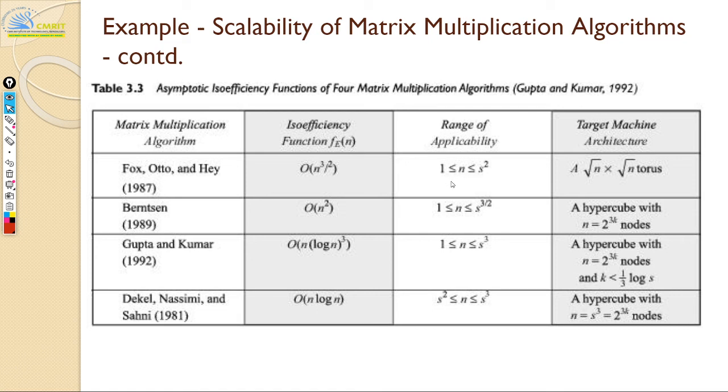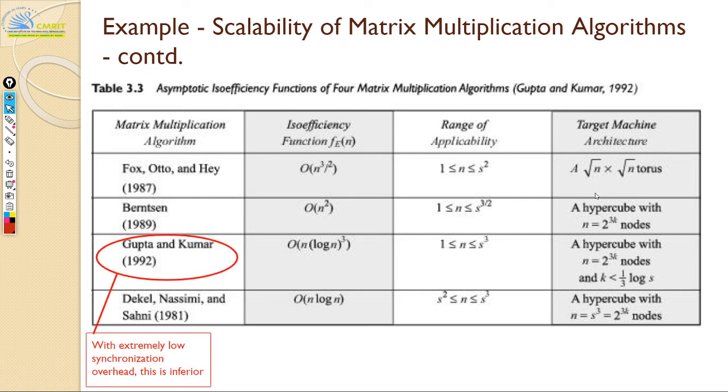This algorithm assumes that your n is between 1 and s squared. That's your hardware requirement: when you're working on your problem, you need a machine of size n satisfying the particular problem size. They also assume a target machine. This algorithm will work best on a square root of n by square root of n torus, and others have assumed hypercubes. These are the underlying assumptions and the different properties of these algorithms.